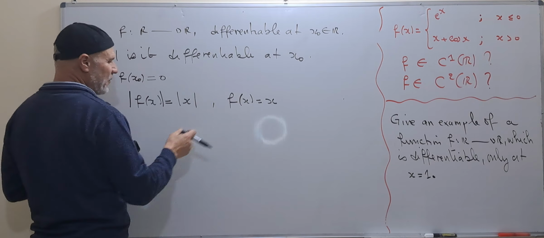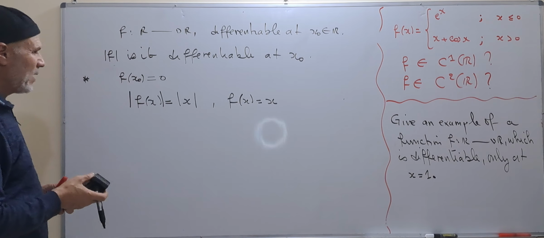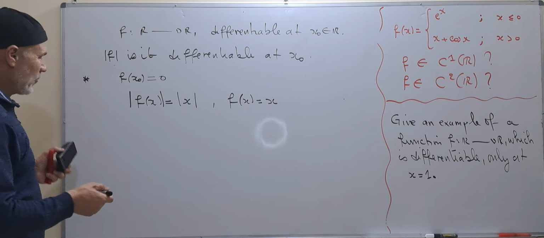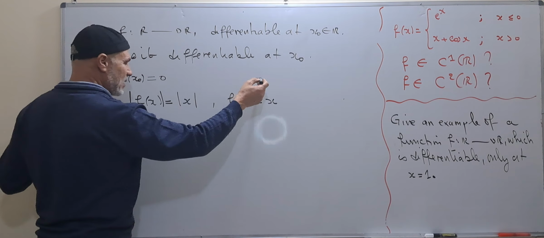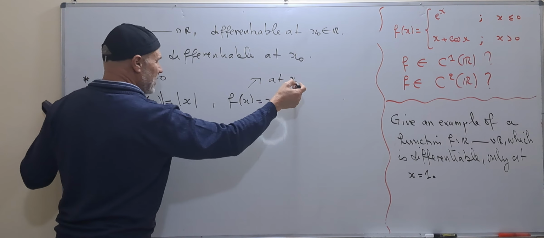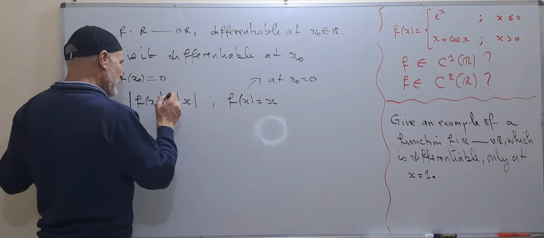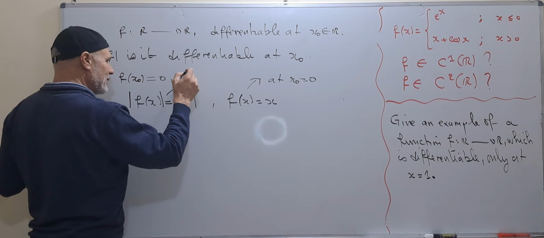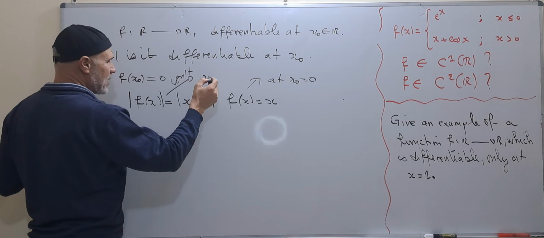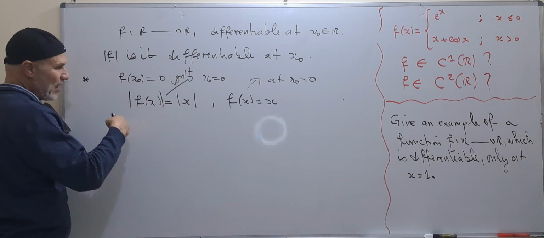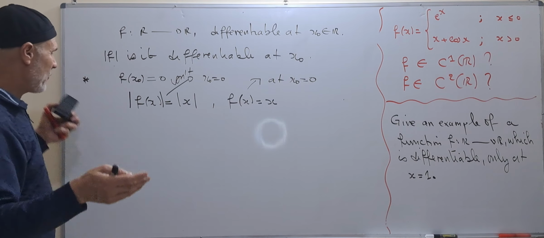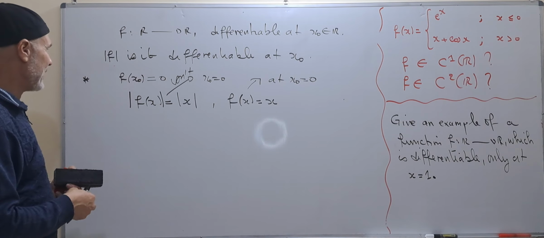This function is differentiable at x0 equal to 0. But the absolute value of x isn't differentiable at x0 equal to 0. We know this: we have -1 from the left and 1 from the right.